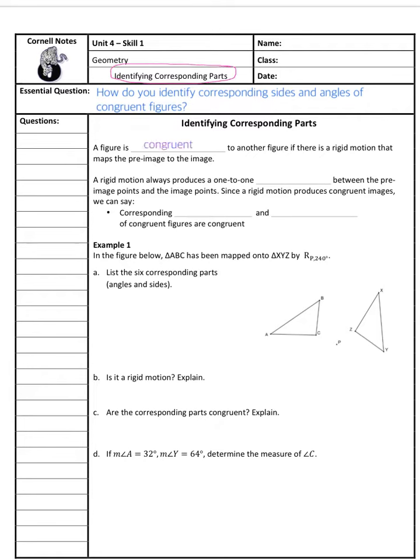Alright, so for our first line here, a figure is congruent to another figure if there is a rigid motion that maps the pre-image to the image. And if we think back, this would be true because as long as it's a rigid motion, distance and angle measure will be preserved, therefore forcing the two figures to be congruent to one another.